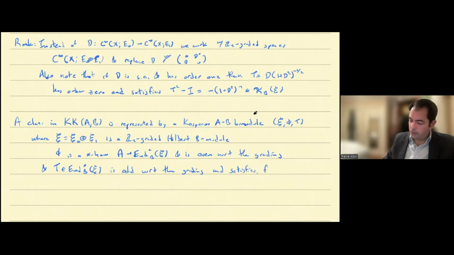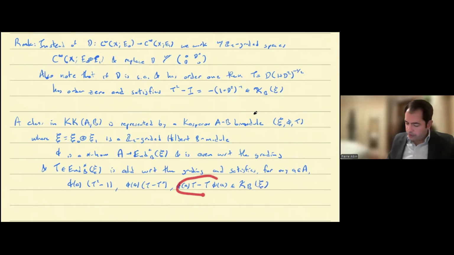It satisfies, for any element a of A, that phi of a times T squared minus the identity, phi of a times T minus T star, and phi of a T minus T phi of a are all B-compact operators.